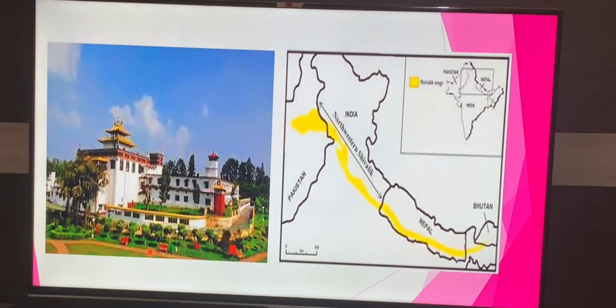This is a picture of Dehradun. You can see this yellow color line, children. This yellow color line represents Siwalik Hills, the third parallel range of Himalaya.